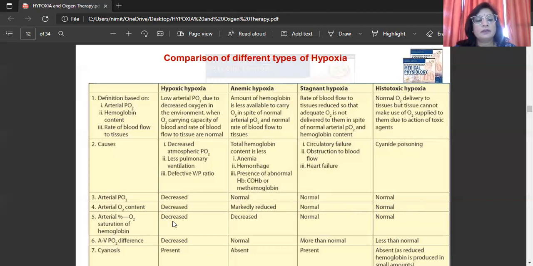Percentage of arterial oxygen saturation of hemoglobin is decreased in hypoxic hypoxia. In anemic hypoxia, it is also decreased. In stagnant hypoxia, it is normal, and in histotoxic hypoxia also it is normal.